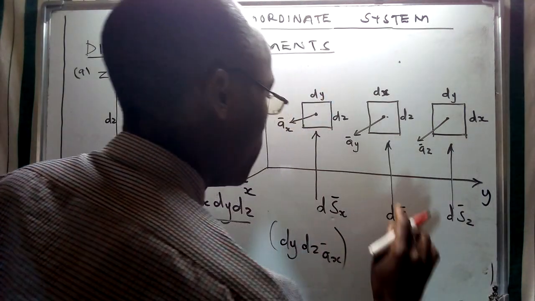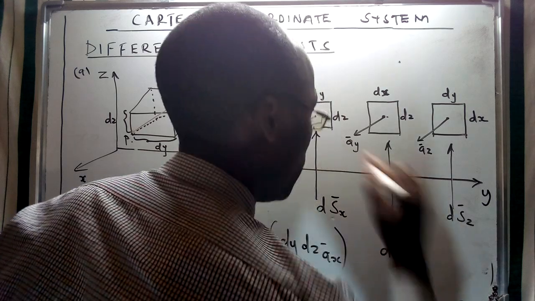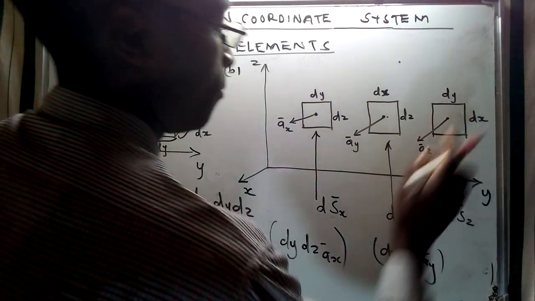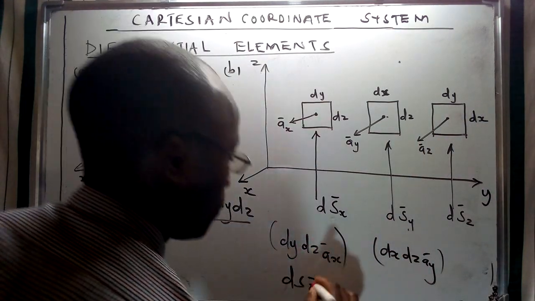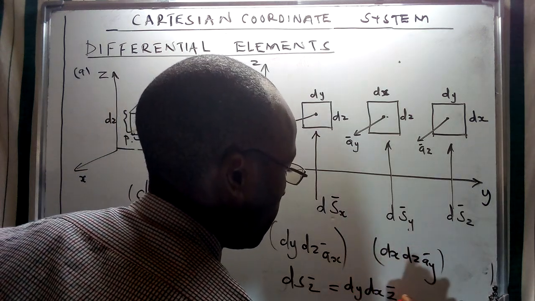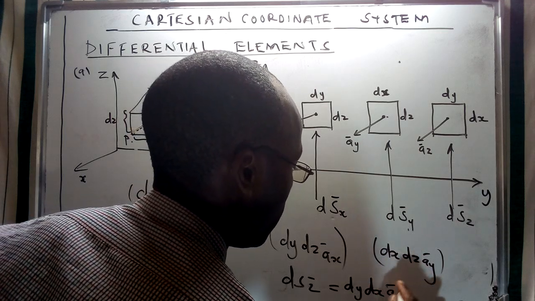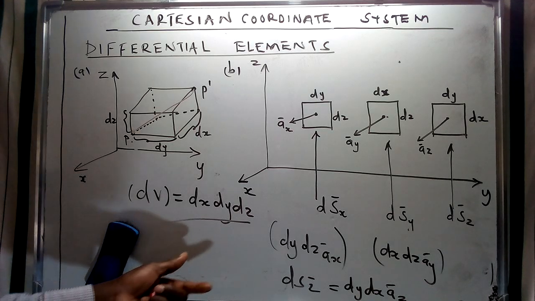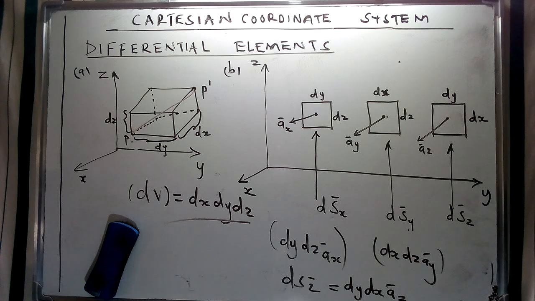For the second one, dsy, we define it using dx dz, and then we have ay as a vector element. And lastly, we have the vector for the surface element dsz, which is given as dy dx, and az, given as such. So these form the differential vector surfaces for this Cartesian coordinate system.